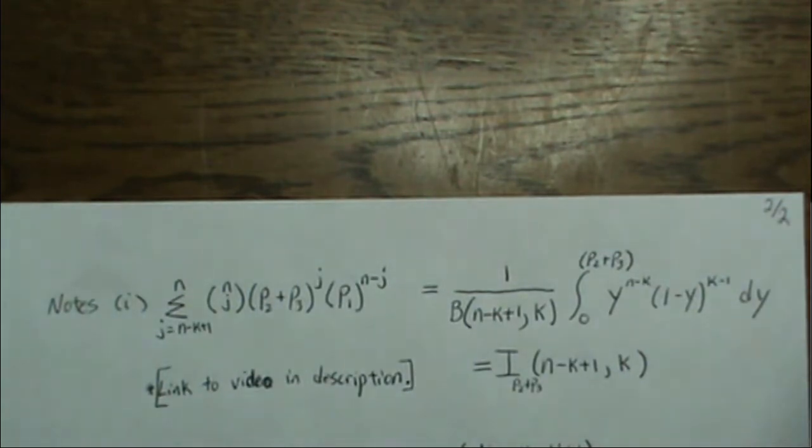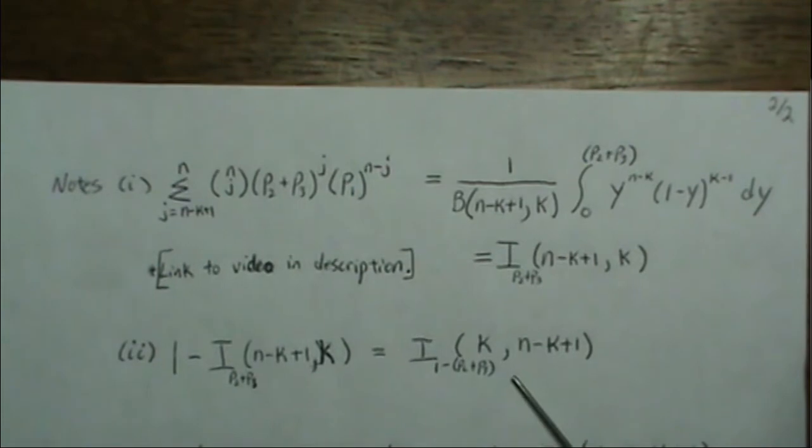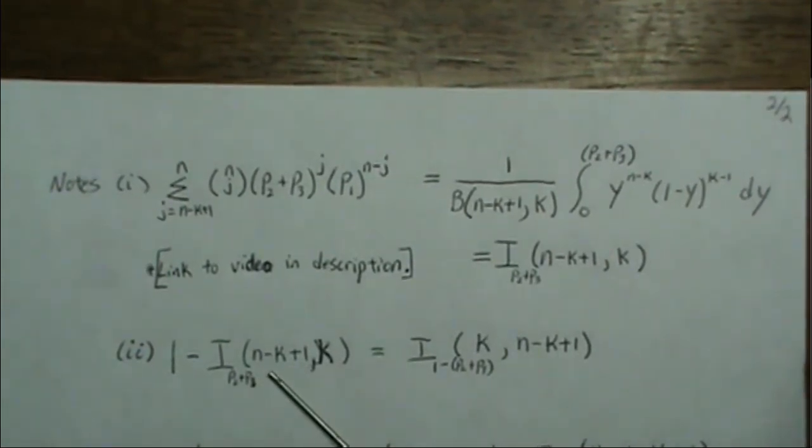Well, and this 1 minus P2, P3 is actually P1. Okay, so our probabilities, I'm not sure if I had that in the video, but the 1 minus the incomplete beta can be written as a new incomplete beta, where you take 1 minus that, and then you switch the alpha and the beta.